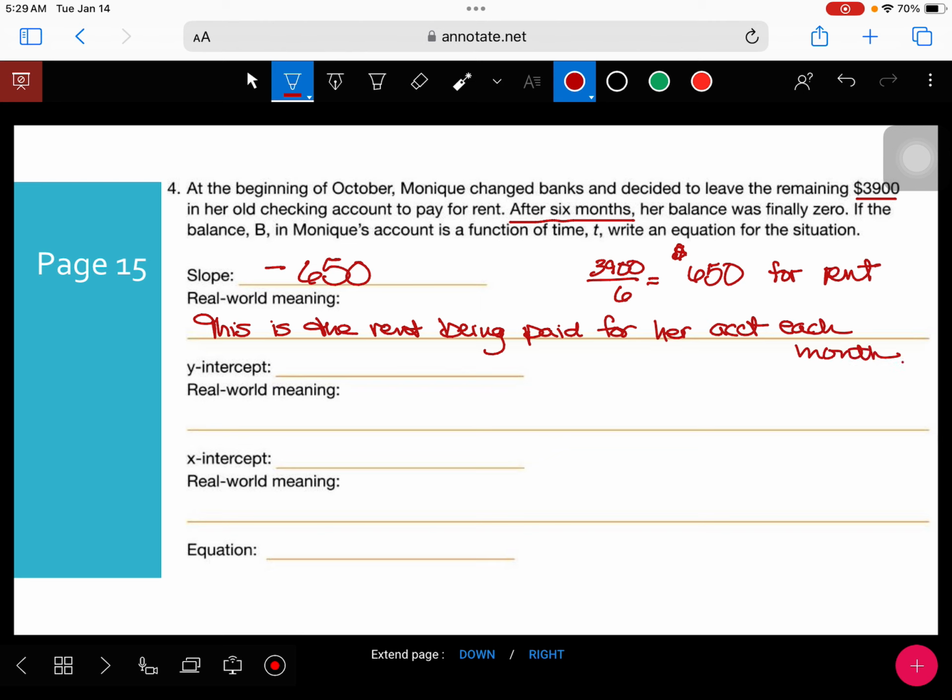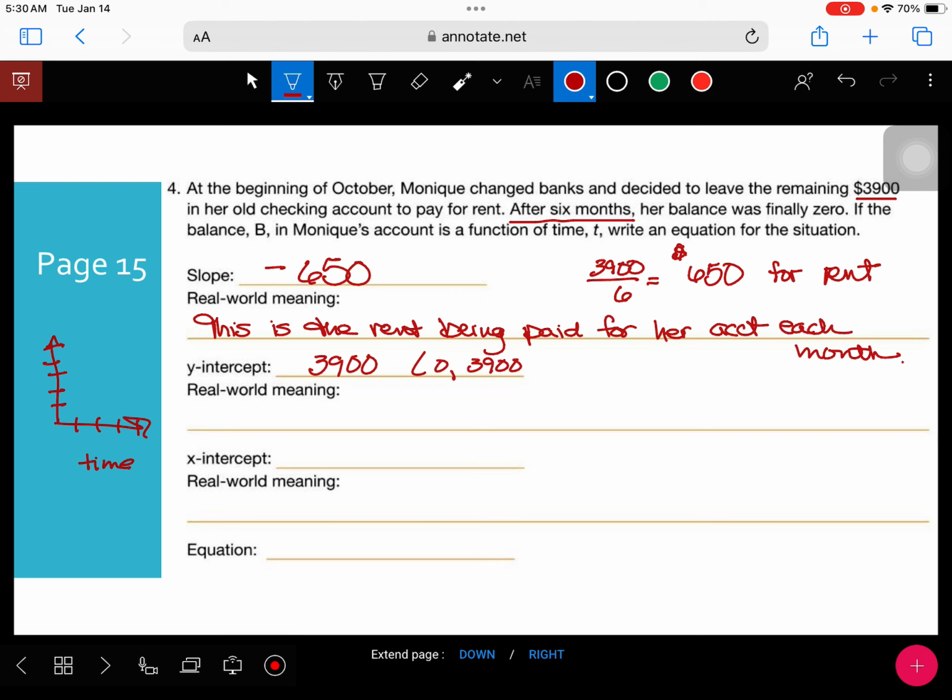Okay, the y-intercept, again, if we think of our graph, the y-intercept is where time is often a value for your x or independent variable, and in this case, it is money that she had. The y-intercept would be how much money that she started with at time 0. So from this account that she left and was using for her rent, her y-intercept was 3,900.